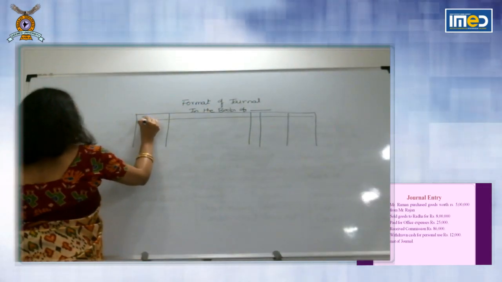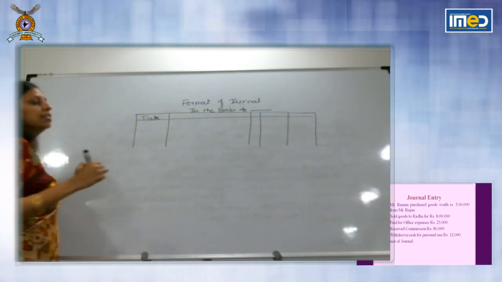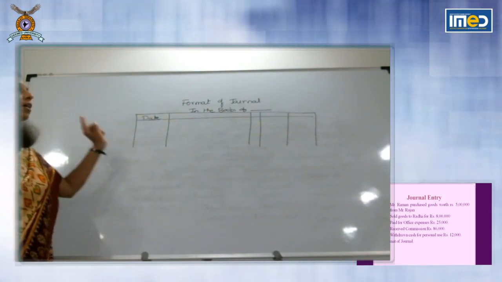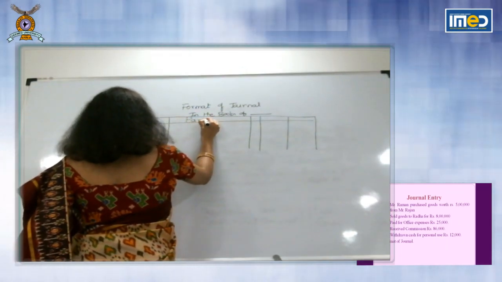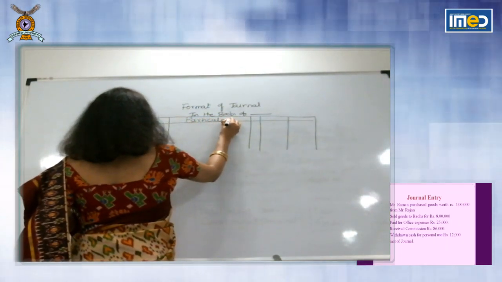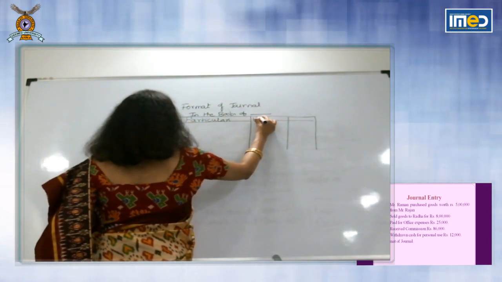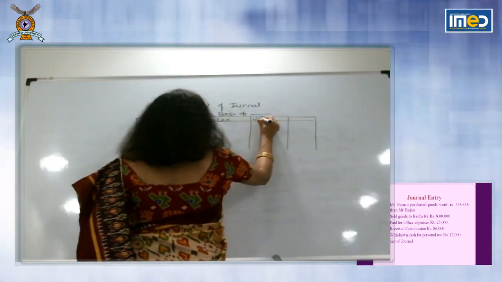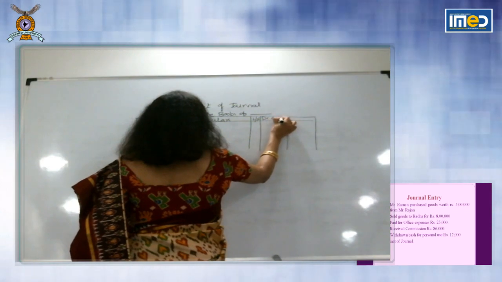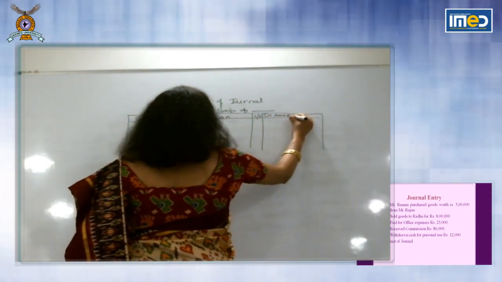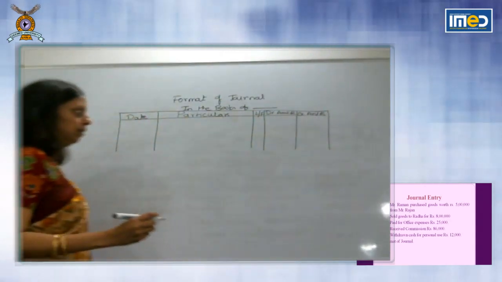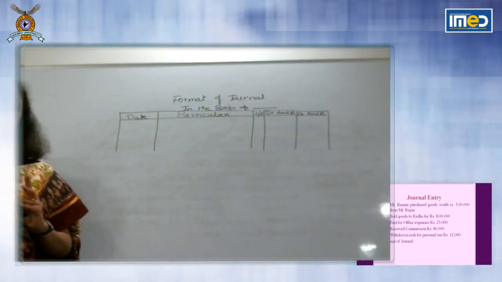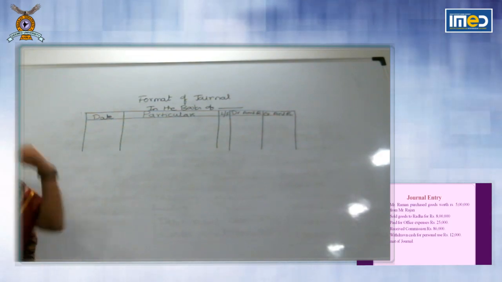First column is always date. It is a day-to-day basis book. Particulars. Ledger folio. Debit amount rupees. Credit amount rupees.